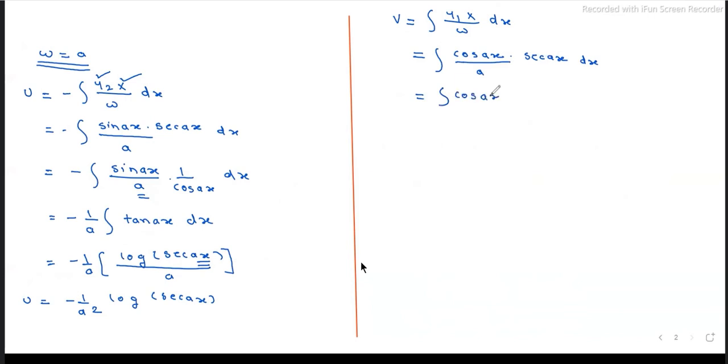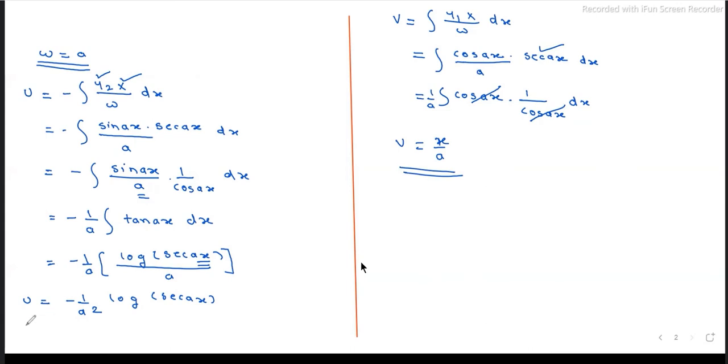It is integration of 1 by a times cos ax into sec ax dx. Sec ax is 1 upon cos ax. Now cos ax gets cancelled. It is 1 upon a. Integration of dx is nothing but x. You get the value of v as x by a.